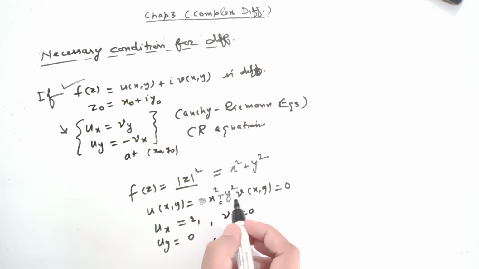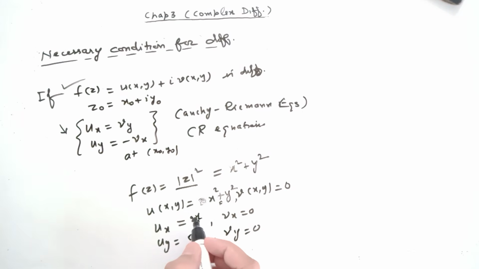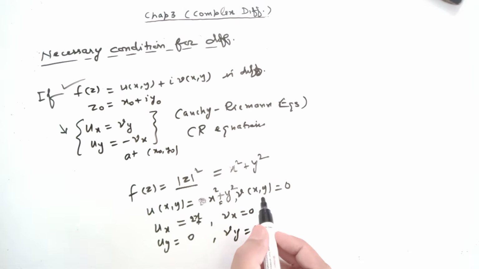This is u(x,y), and 2x is in fact its derivative. Okay, now it's fine. u(x,y) is x square plus y square, v(x,y) is 0 because there is no imaginary part. ux is 2x, uy is 2y, vx is 0, vy is 0.